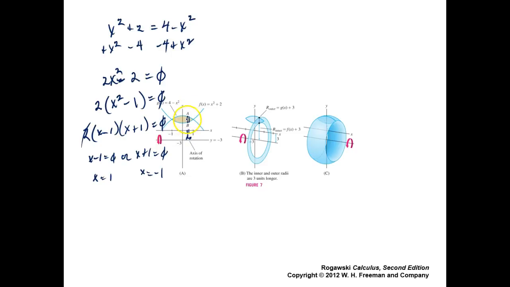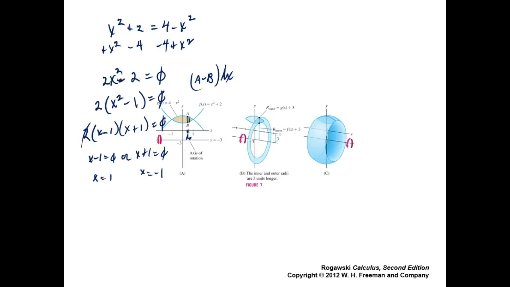And the length of that thing is a minus b, and the thickness of it is dx, and then that whole thing, that area, is going around the axis there, so we'll get to that in just a little bit. Okay? So that's the area of this, a minus b times dx. So the a is this one, and the b is that one.